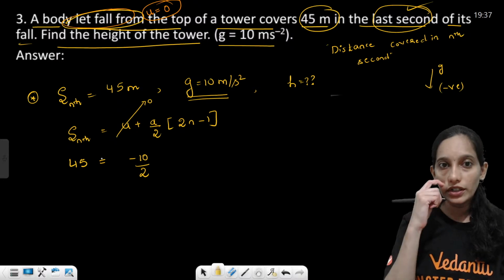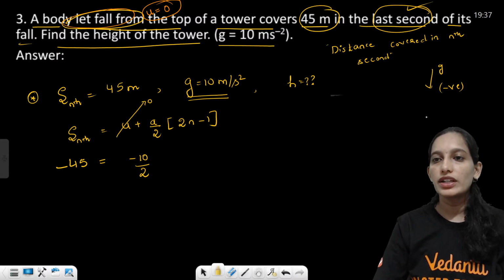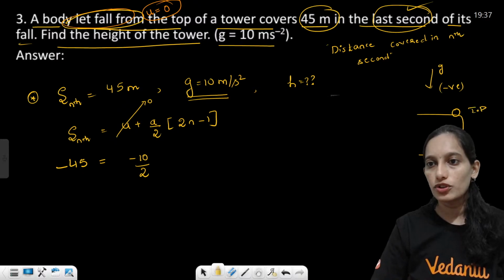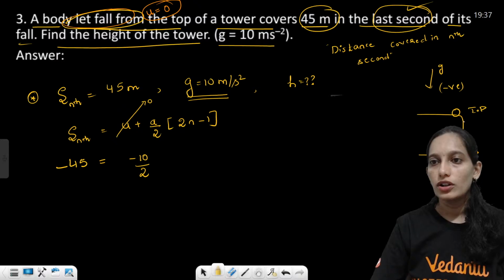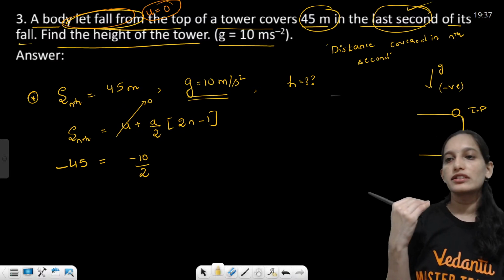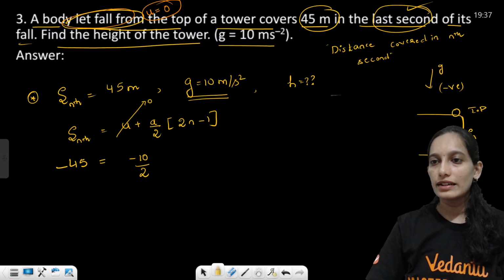And also here there's one more thing, here also we have to take minus, because when the ball is dropped from this point, this is my initial position, this is my final position, so the displacement is in the downward direction, or the initial position is above the final position, so our displacement is negative.